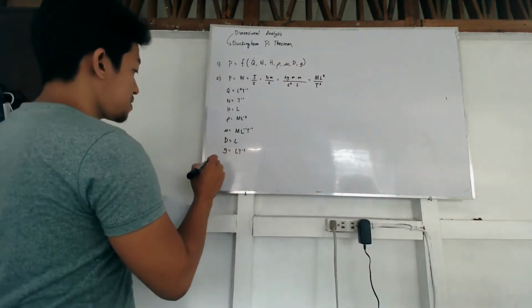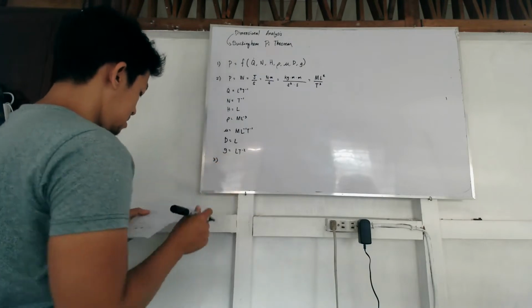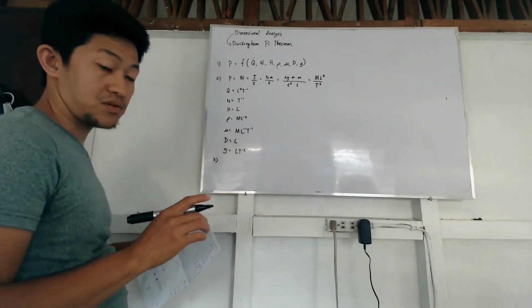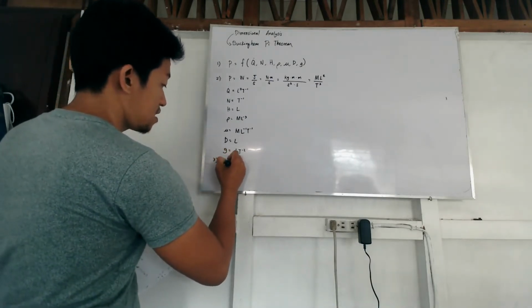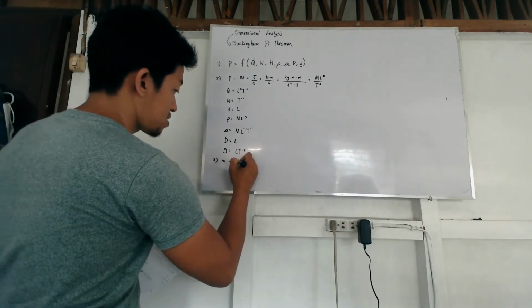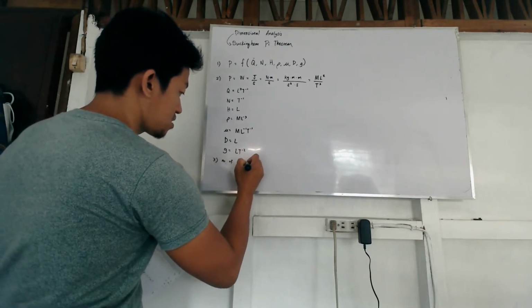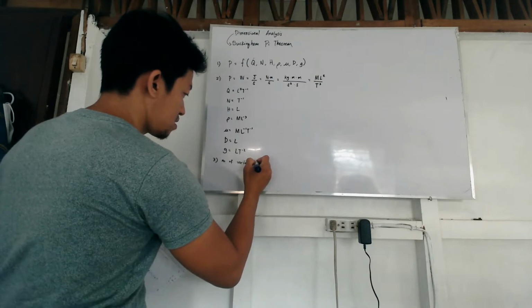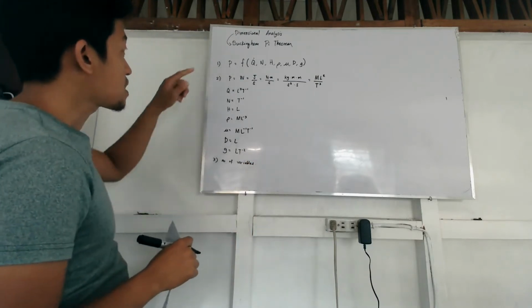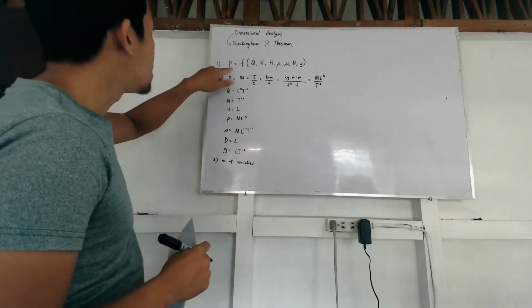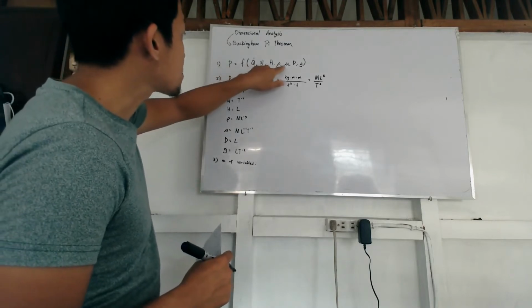The third step is to determine the number of variables. How many variables do we have? Counting P: 1, 2, 3, 4, 5, 6, 7, 8.